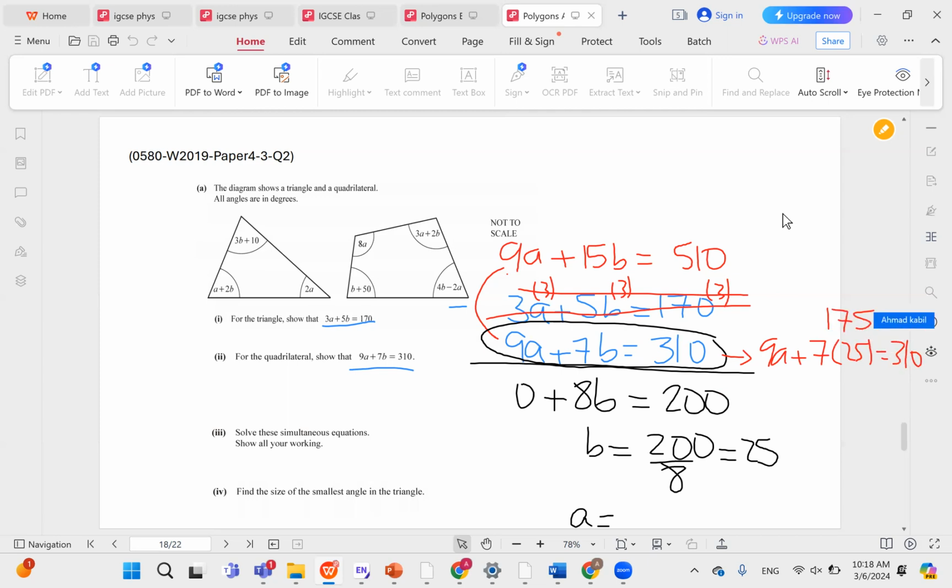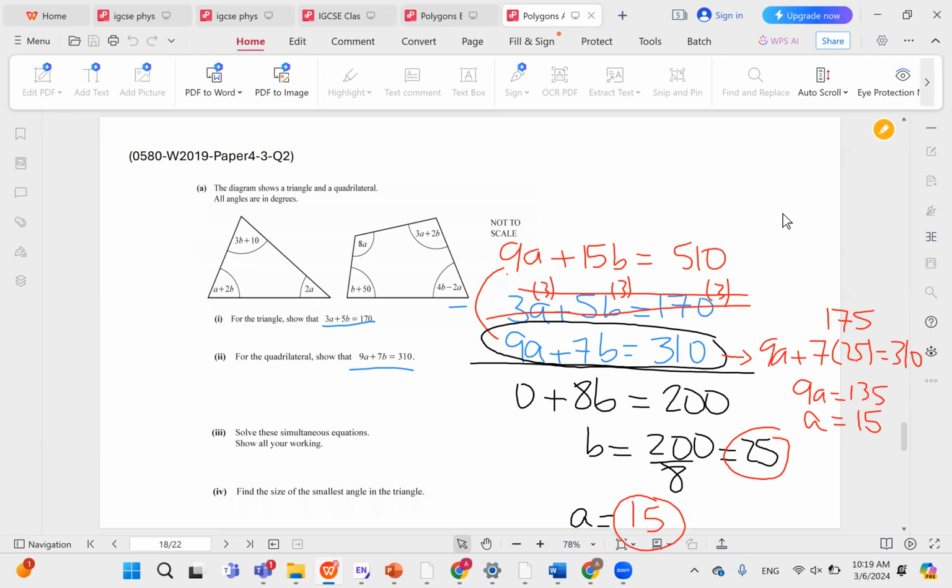And then 310 minus 175 gives us 135. So 9a equals 135. And then you divide 135 by 9. You get 15. So a equals 15. These are the final answers for question triple I.